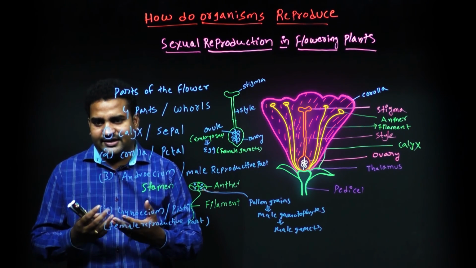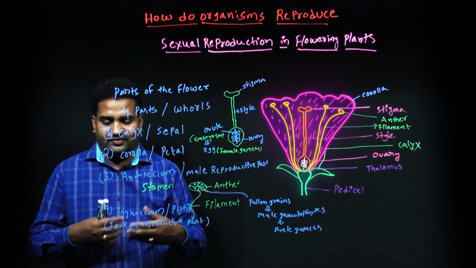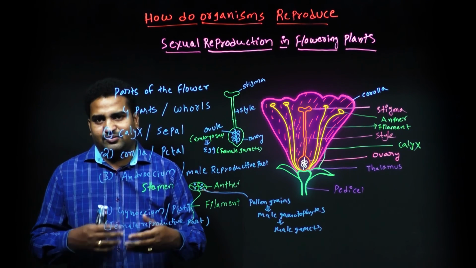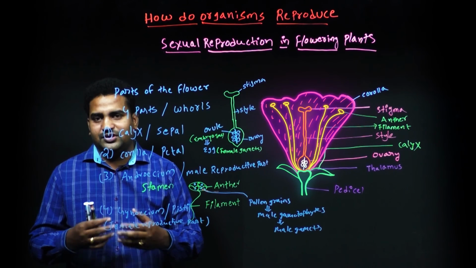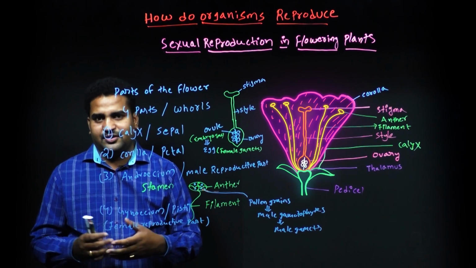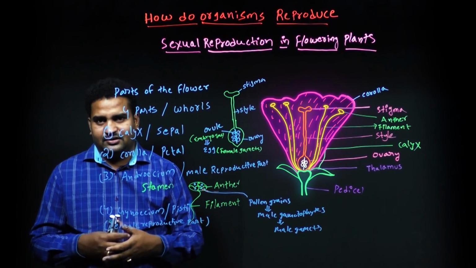If a flower contains only androecium, then it is a male flower. If a flower contains only gynoecium, then it is known as a female flower. So these are unisexual flowers. If a flower contains both androecium and gynoecium, these flowers are called bisexual flowers.